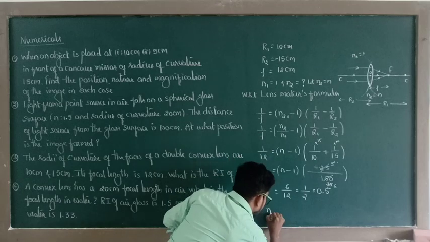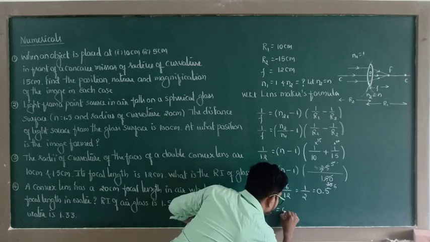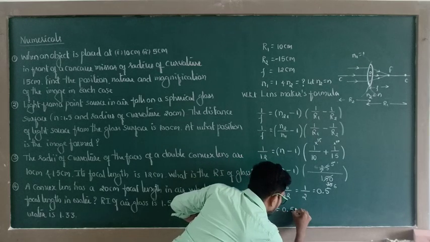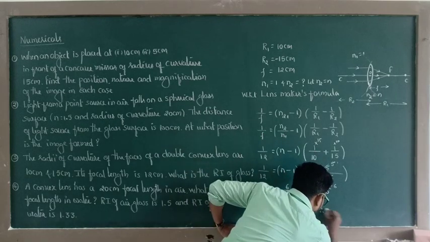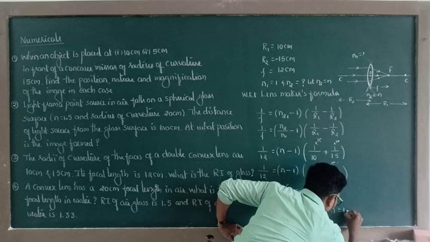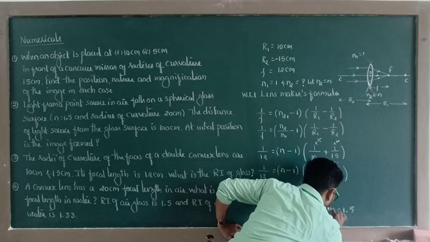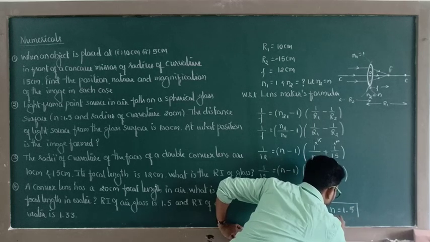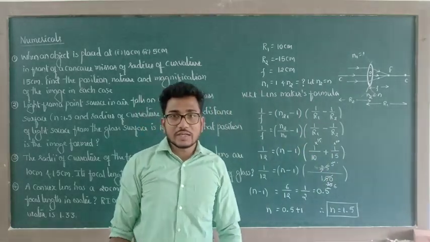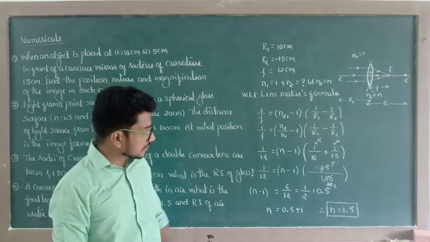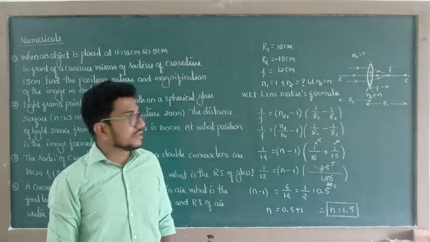Therefore n is equal to 0.5 plus 1, which is 1.5. So 1.5 means that the medium is made of glass. We know that the absolute refractive index of glass is 1.5.